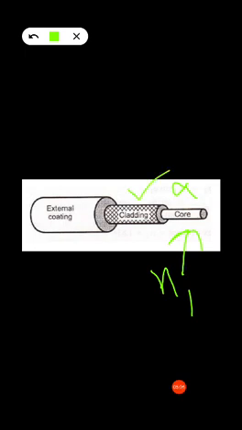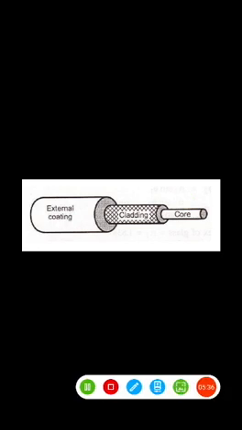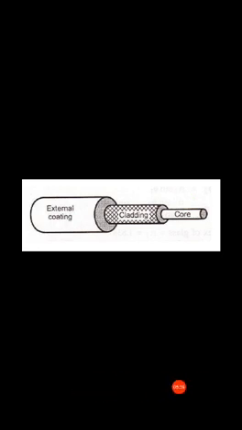This cladding is a dielectric material, and its refractive index is N2, that is less than N1. Even though the light is not passing through this cladding, it has several purposes.